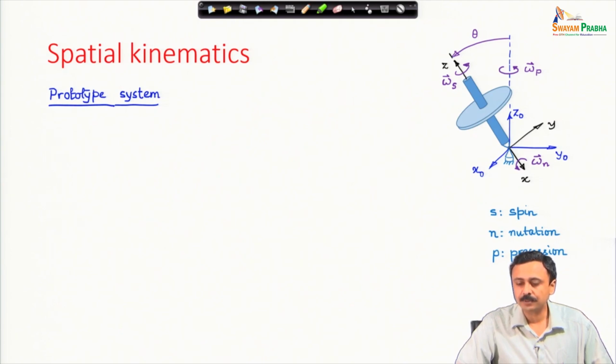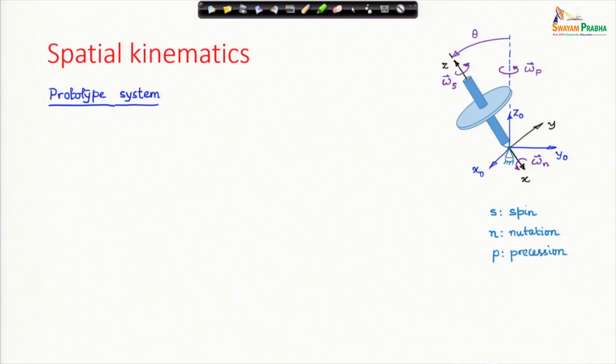We had set up the coordinate system x y z; x naught, y naught, z naught is the inertial coordinate system which is fixed. The body is rotating about the origin of this x naught, y naught, z naught frame. It has got a spin angular velocity omega s about its axis of symmetry.